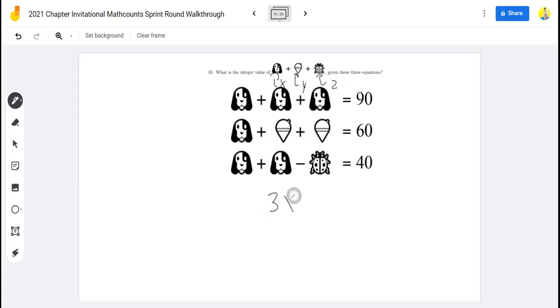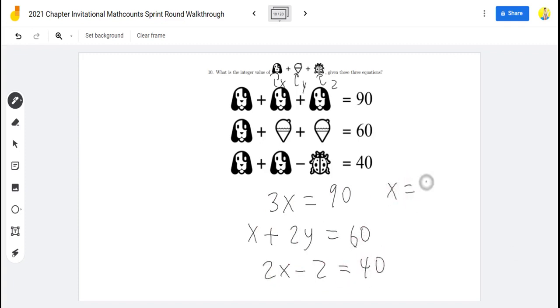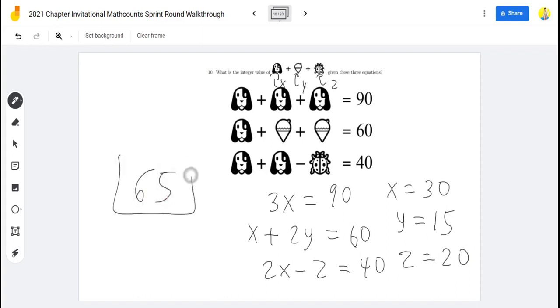We see that 3x equals 90, x plus 2y equals 60, and 2x minus z equals 40, and x here equals 30, meaning that y equals 15, and this means that z equals 20, and x plus y plus z is just 65, and 65 is our final answer.